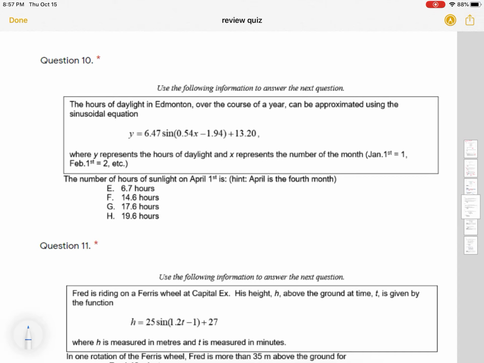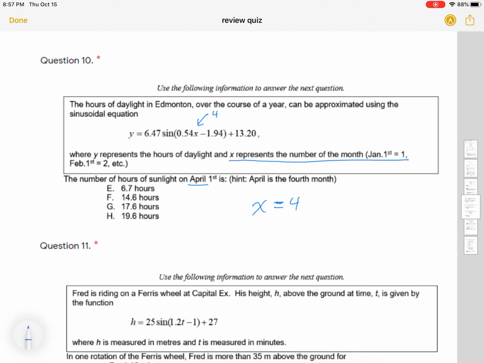Question 10. The hours of daylight in Edmonton over the course of the year can be approximated using the following sinusoidal equation, where y equals the hours of daylight and x represents the number of the month. So January 1st is 1, February 1st is 2, etc. The number of hours of sunlight on April 1st is, so April is the 4th month, so that means x equals 4. So you just need to substitute in 4 for x.